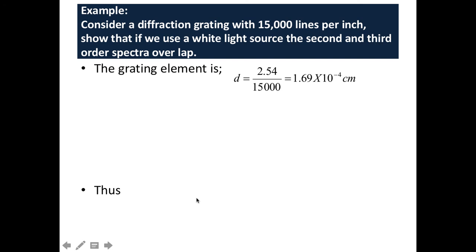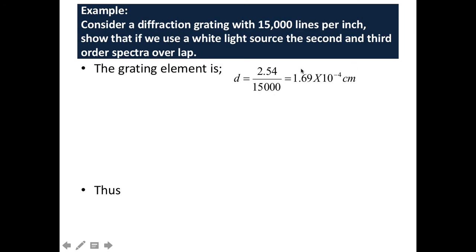The first line is 15,000 lines per inch, and 1 inch means 2.54 centimeters. So the distance between the two slits, those slits being equally spaced, is 2.54 divided by 15,000 lines.